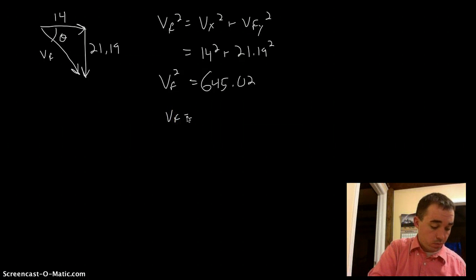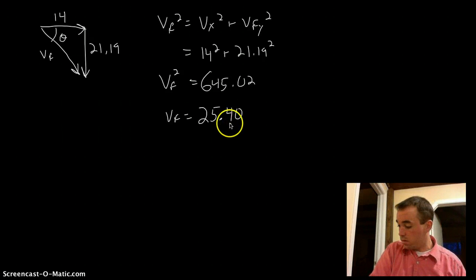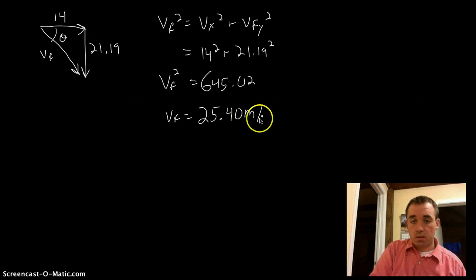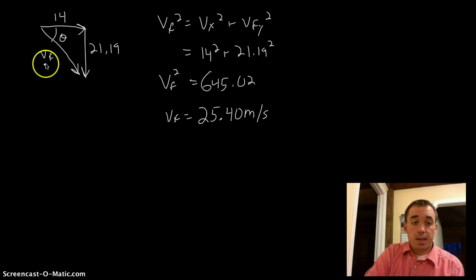When you take the square root, you get the answer of 25.40 meters per second. On the sheet it says 25.44. It's all a matter of rounding. That is completely acceptable, completely the same thing. I've done this problem two different ways. First time I did 25.44, this time I got 25.40. So you're fine.